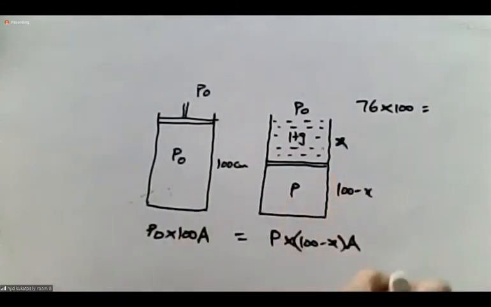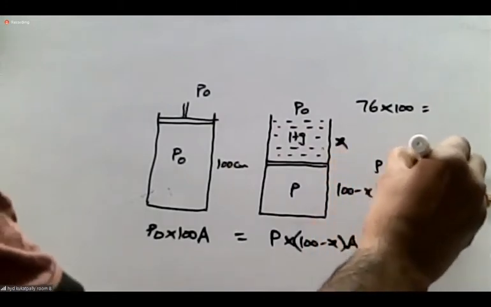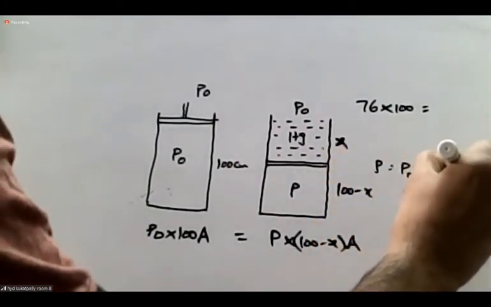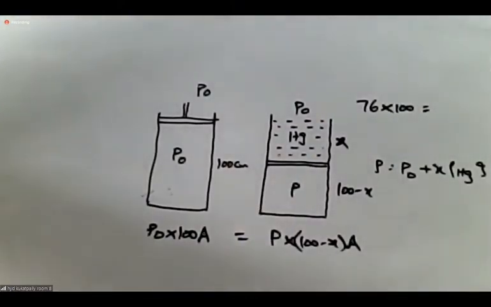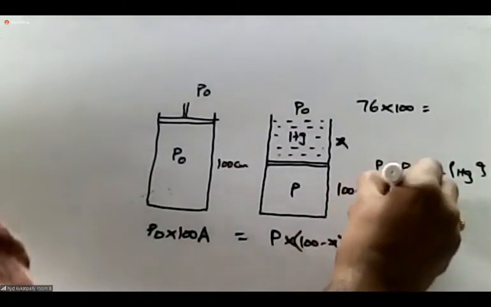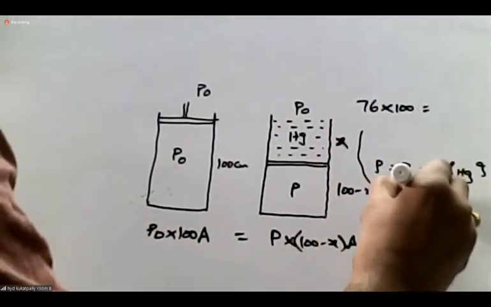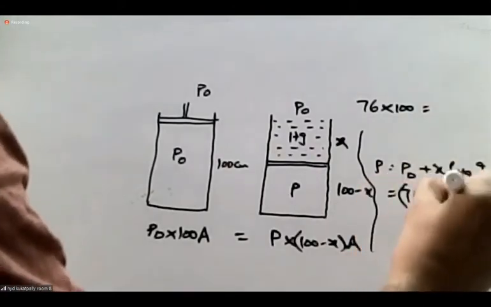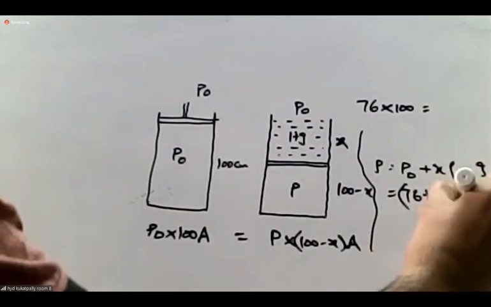So pressure P is equal to P naught plus X into rho mercury into g. But P naught I can write as 76. So 76 plus X into rho mercury into g I can write.